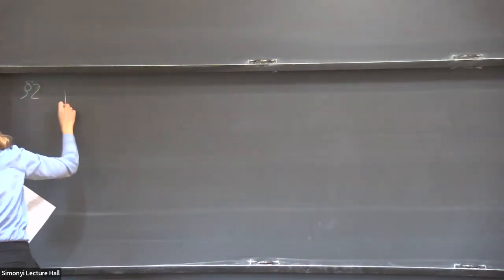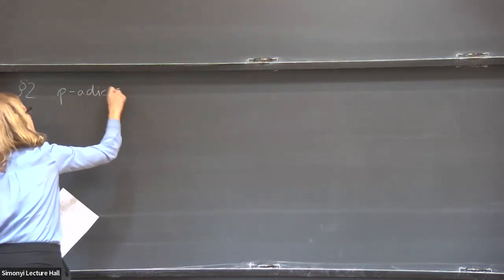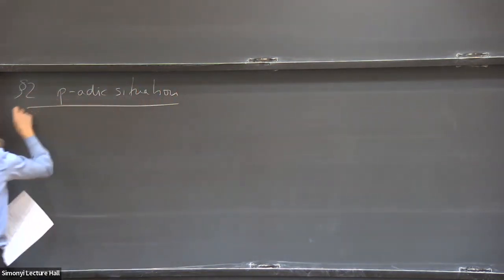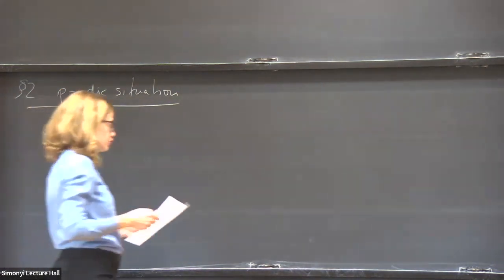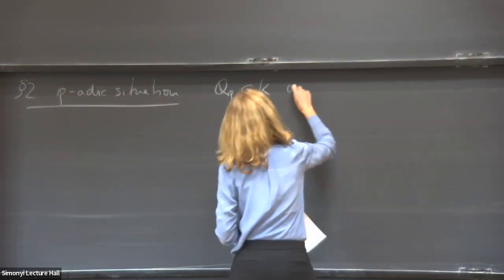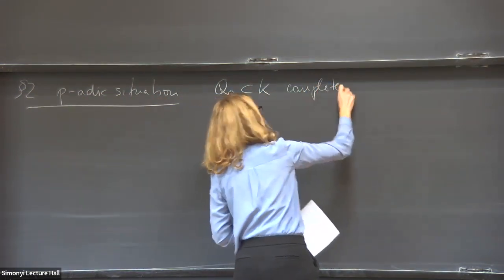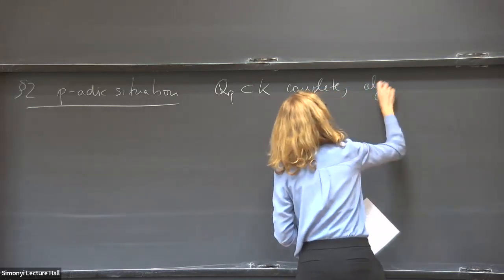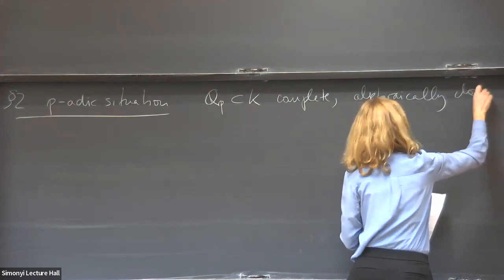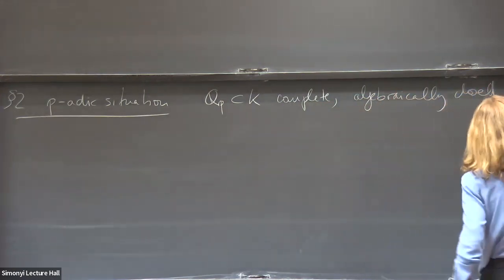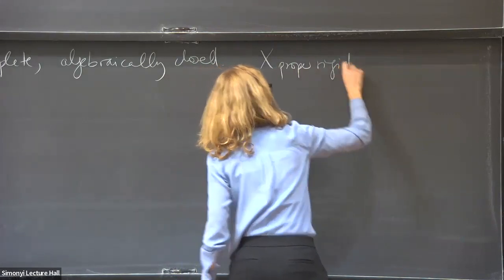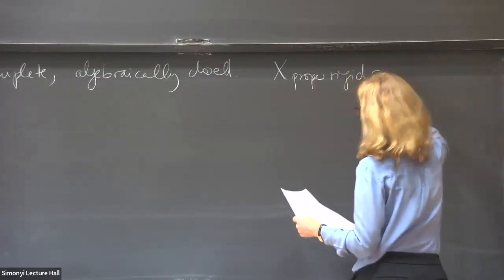This means we are working in a geometric situation over a field, complete, algebraically closed and containing Q_p, and over a proper rigid space, smooth, proper smooth.